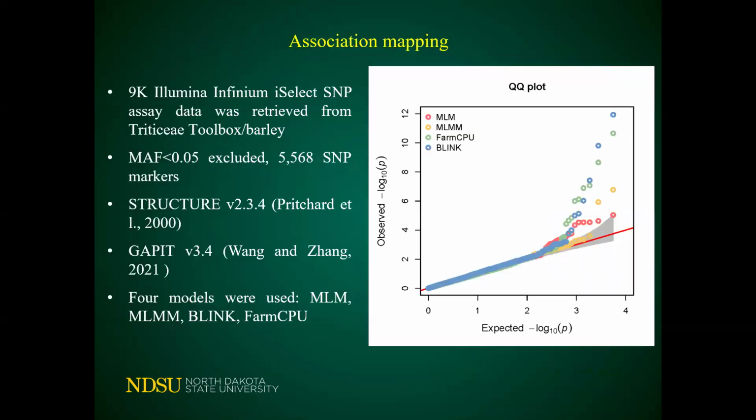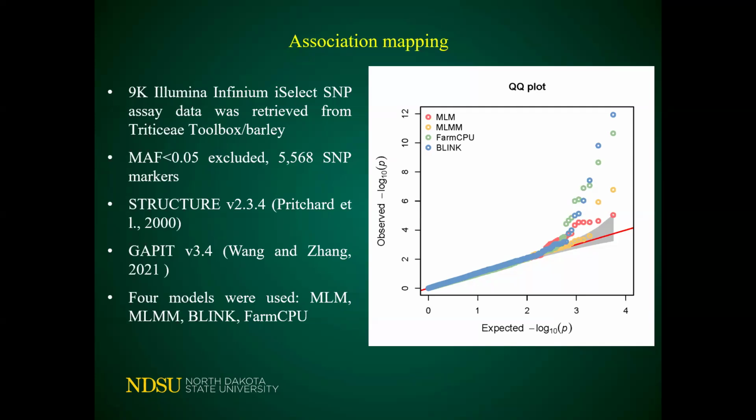For association mapping, we downloaded the 90K data from the T3 database and filtered the markers. We eventually got about 5,568 SNP markers, and we also did a structure analysis, which separated the lines based on row type. We used GAPIT and did a GWAS, testing four different models.